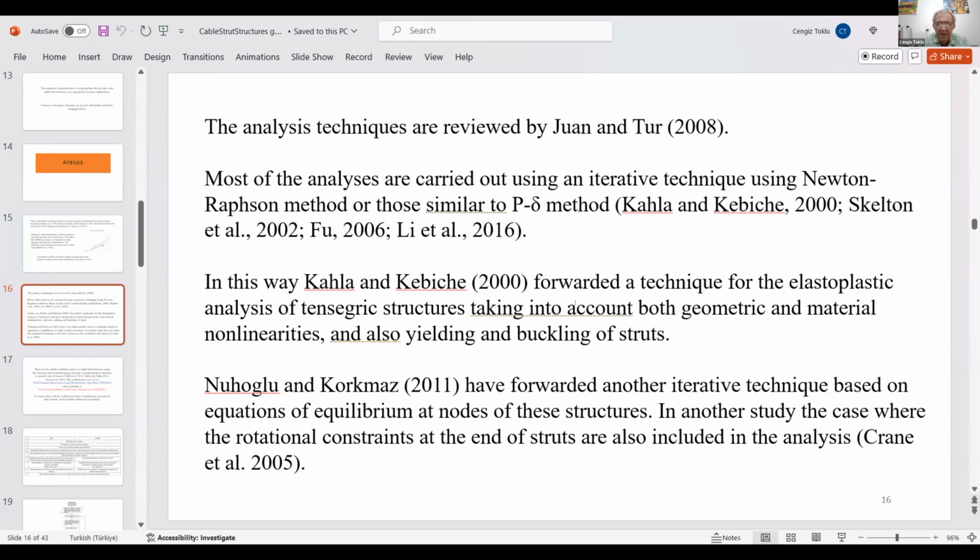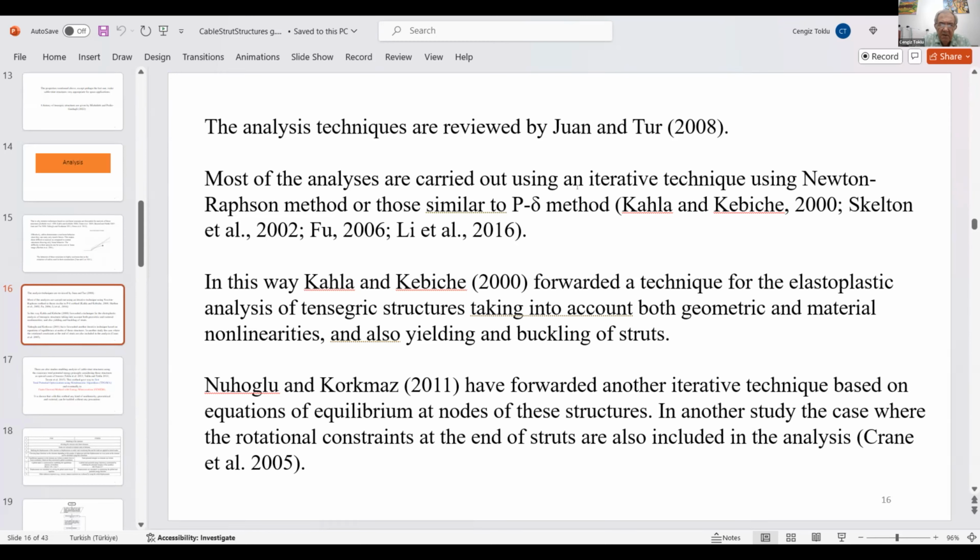Now, there are many techniques put forward for analyzing them. They start from the finite element method, as we will talk about in a few minutes. It is not possible to solve these problems by simple and direct application of the finite element method.